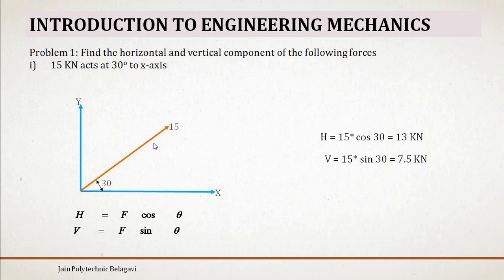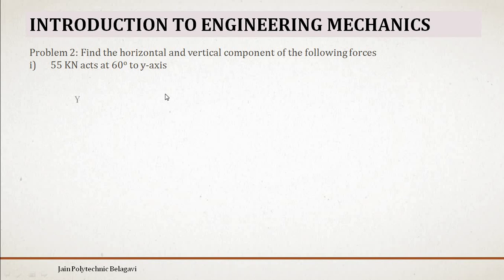A single force can give the same pulling effect instead of employing these two forces. But this problem is exactly the opposite: we are finding the two components out of this resultant force.